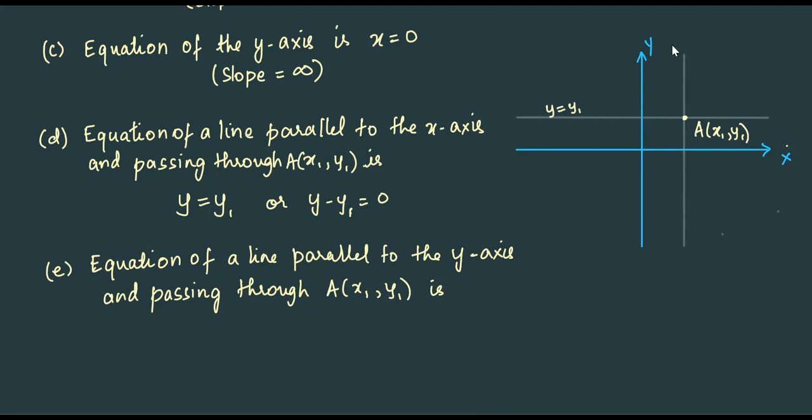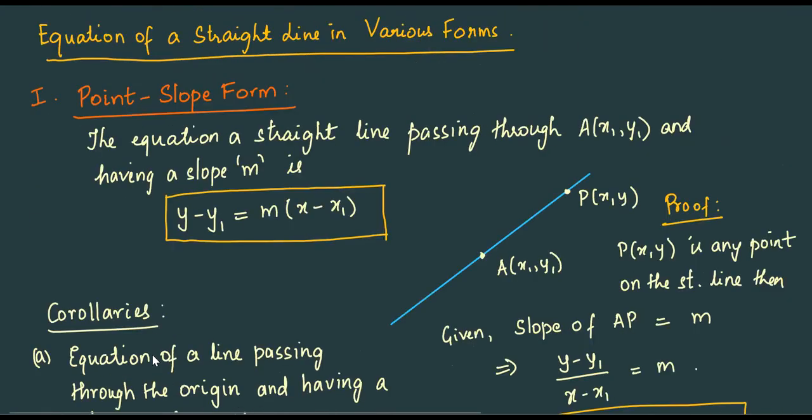And equation of this line will be x equal to x1. At any point on the line, we will have x equal to x1 or x minus x1 equal to 0. Okay, this is the point slope form.